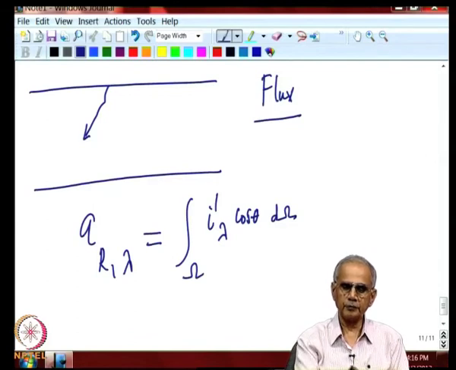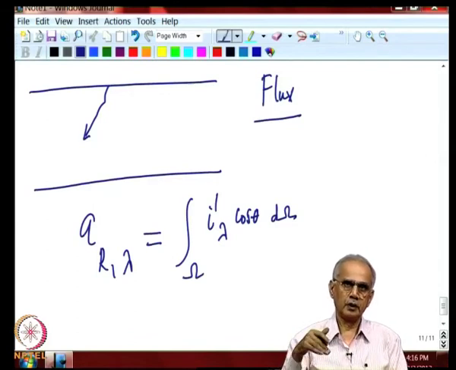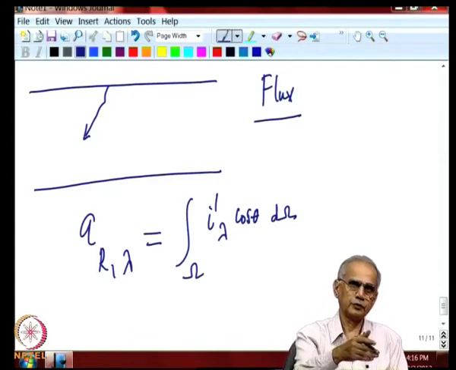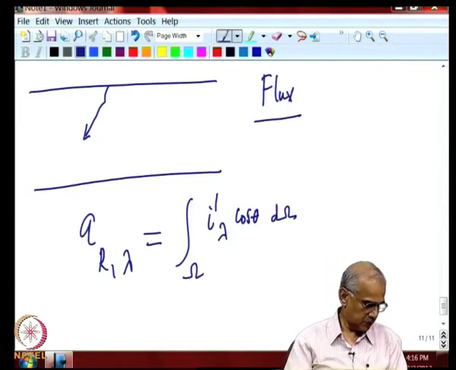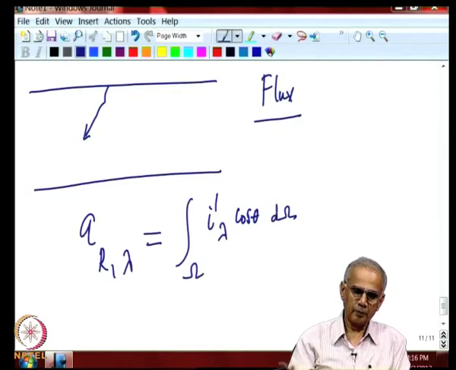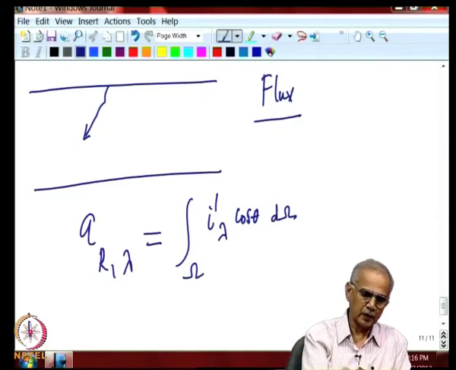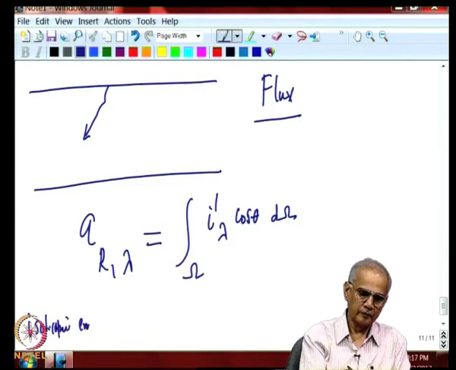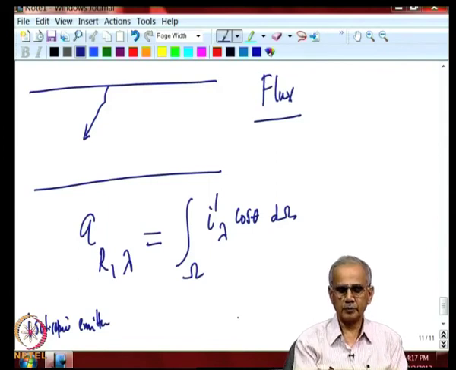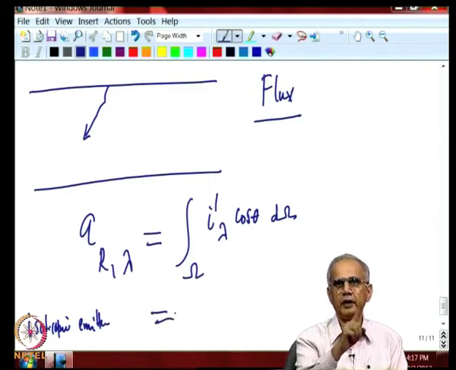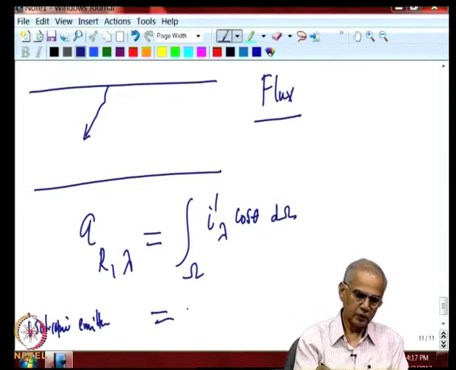So, this follows from the definition of I prime lambda in terms of q r lambda. Now, this integration can be tedious, but if you assume the gas is an isotropic emitter, then the integration is somewhat simplified. In the direction phi, everything is the same. So, you integrate and get 2 pi.